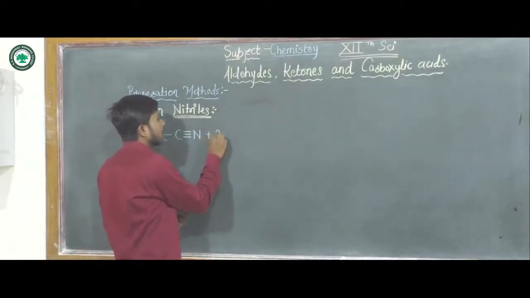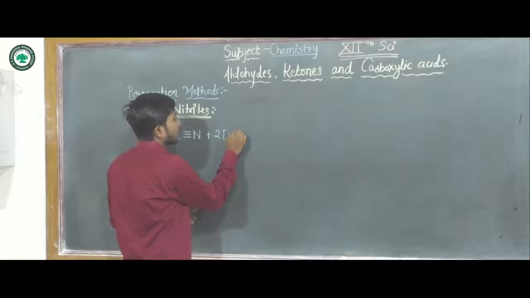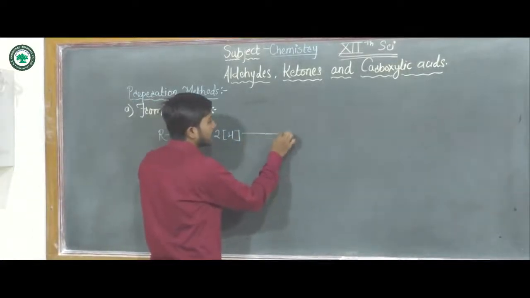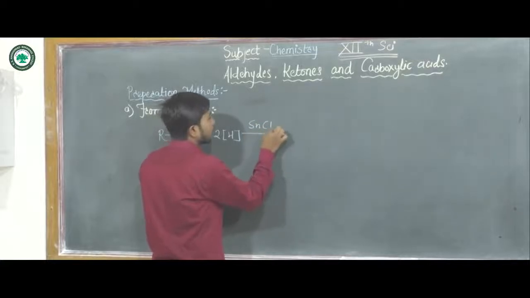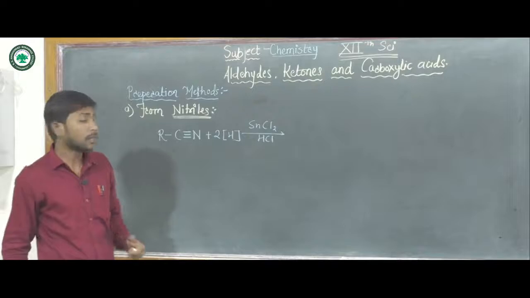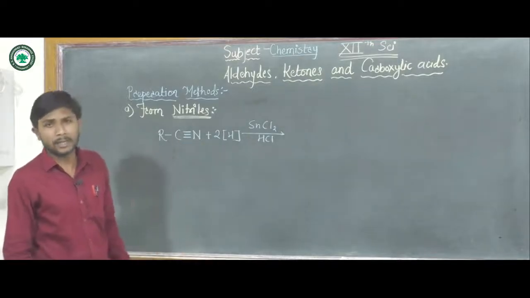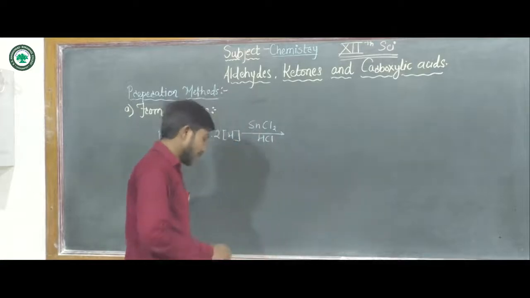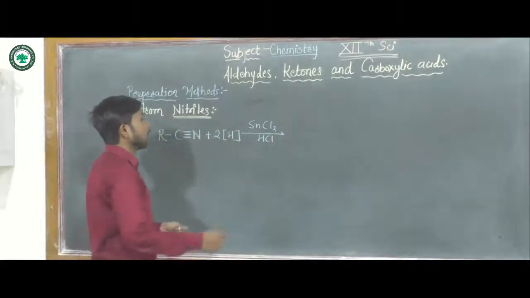When reduced, there is a reduction of these nitriles by using stannous chloride in HCl. By using stannous chloride in HCl, the intermediate product, the imine hydrochloride, is formed, which on acid hydrolysis gives the corresponding aldehydes. What are the imine hydrochlorides?